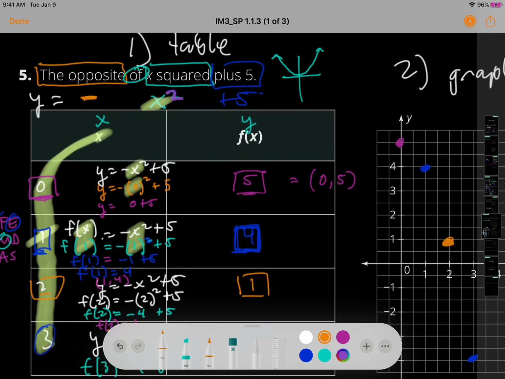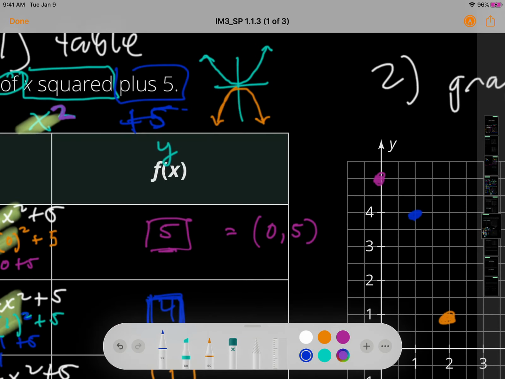What does this negative sign do? It flips it over the x-axis. You go from a happy face to a sad face. And then the 5, this plus 5 right here, what it does is it pushes it up. We'll learn later on, that's your d value, and it pushes it up 5.